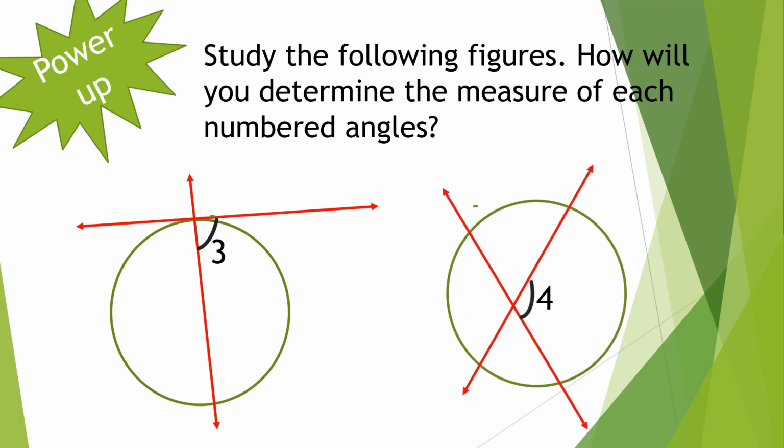And here we have angle 4, figure number 4. Two secant lines meet inside the circle and it forms angle 4. How are we going to determine the measure of angle 4?